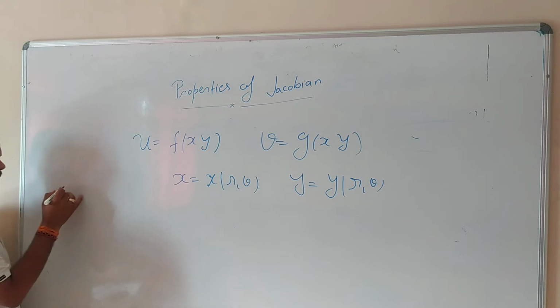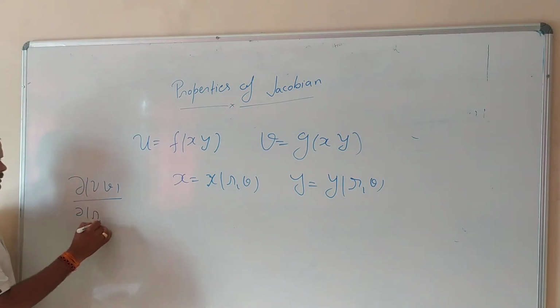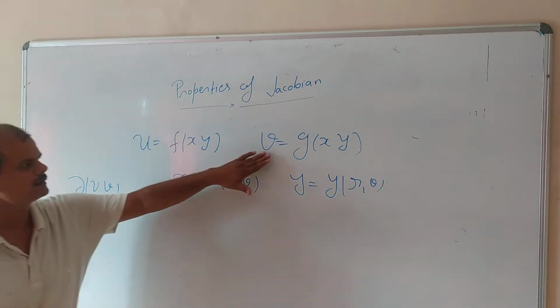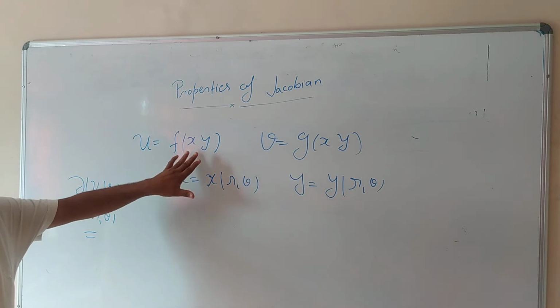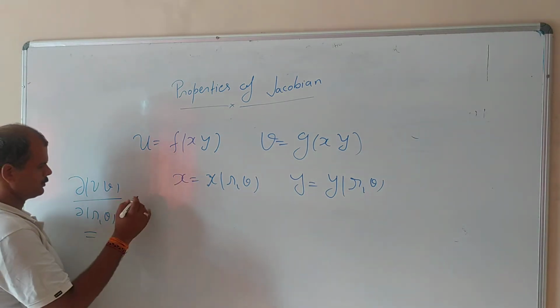So the question is, what is the Jacobian of u, v with respect to r comma theta? So if you see here, u and v are not direct functions of r and theta, they are functions of x, y. So what we do here, we use the property of Jacobian.